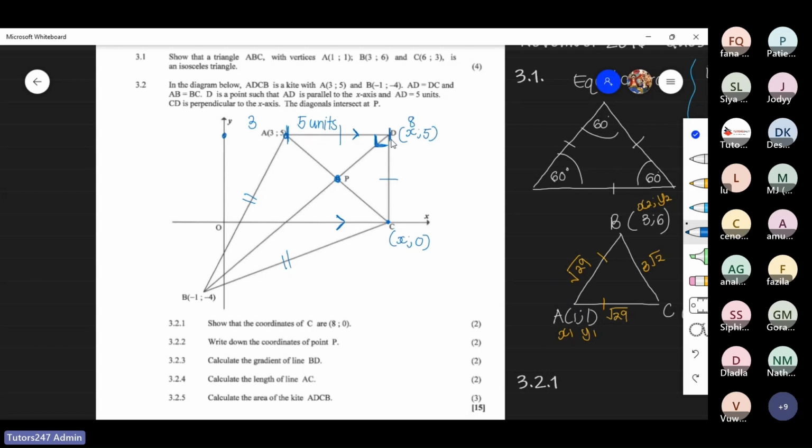Because D is directly above C, because DC is a vertical line and is perpendicular to AD, we therefore know that C is going to have an x value of 8. So that is 2 marks. Let us now write it out in order to obtain those 2 marks.